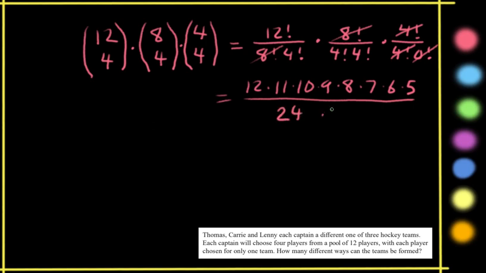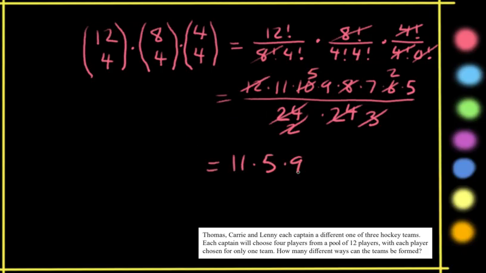And I can start canceling things. This gives me 3. I can cancel this to give me 2. I can cancel this to give me 2. I can cancel this to give me 5. And now what's left? I have 11 times 5 times 9 times 7 times 2 times 5.